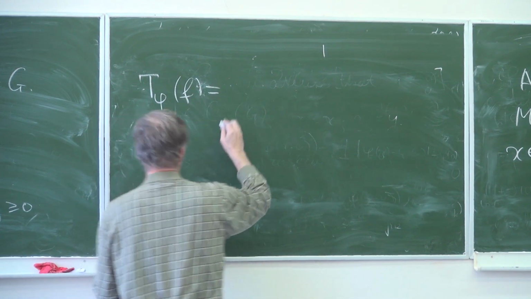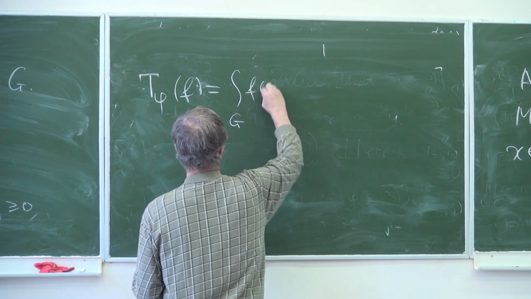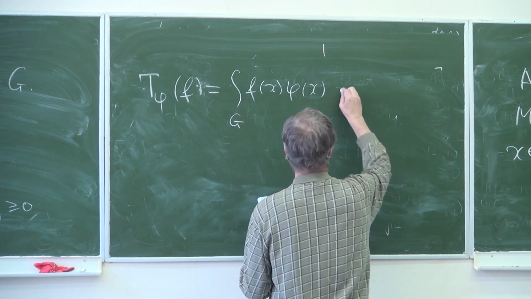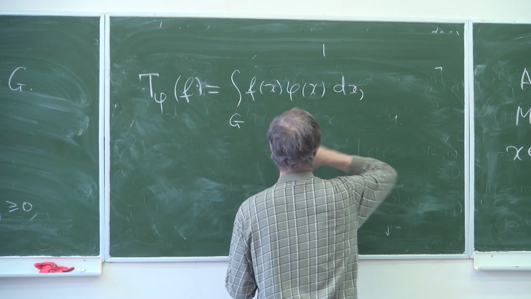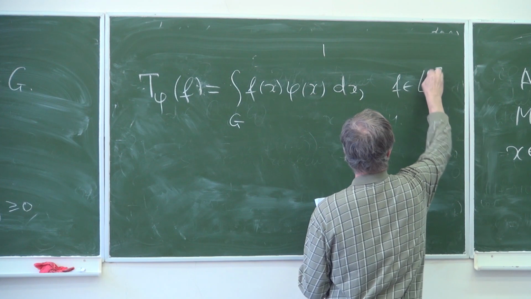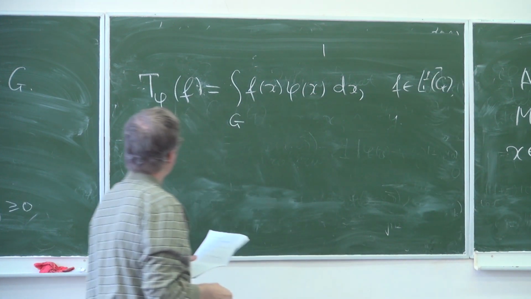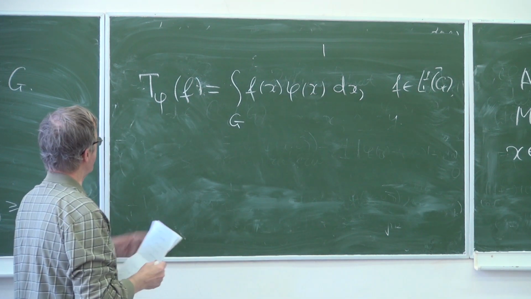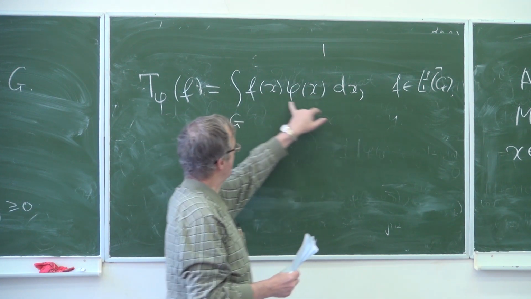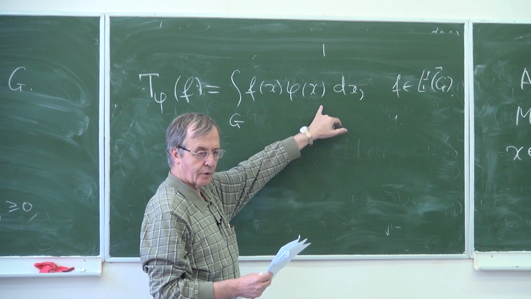This will be simply the integral over G of f of x phi of x dx, for f in L1 of G. This is a continuous linear functional on L1, because here we have a bounded and continuous function.